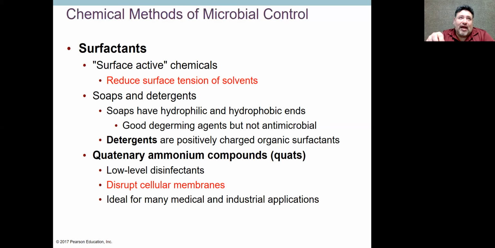If you are in the professional food industry, you'll remember the 3-sink way of washing dishes, and one of those sinks is a disinfectant.